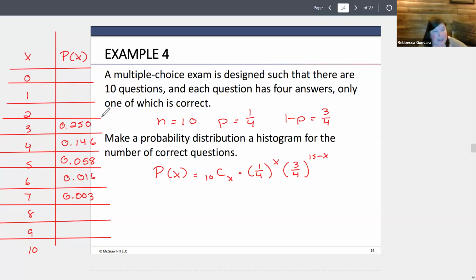If I have 2 correct, that probability is 0.282. So 2 is where I'm still topping off again. 1 is 0.188, and 0 correct is a probability of 0.056.